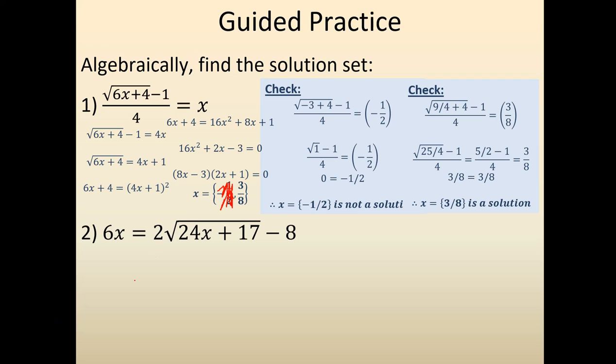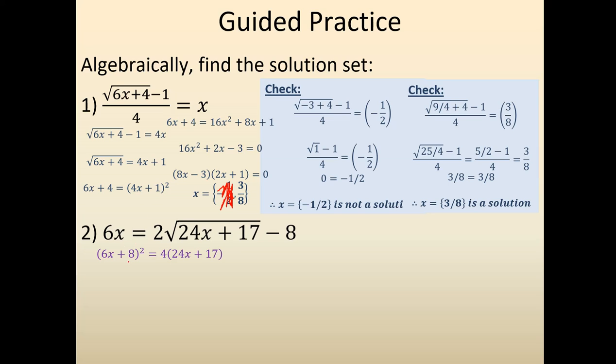Down here for number 2, we're going to move the 8 over to the other side to get 6x plus 8. I actually just realized that I probably could have made my life a little bit easier by dividing all the terms by 2. So you could do that if you want. I just squared it instead.